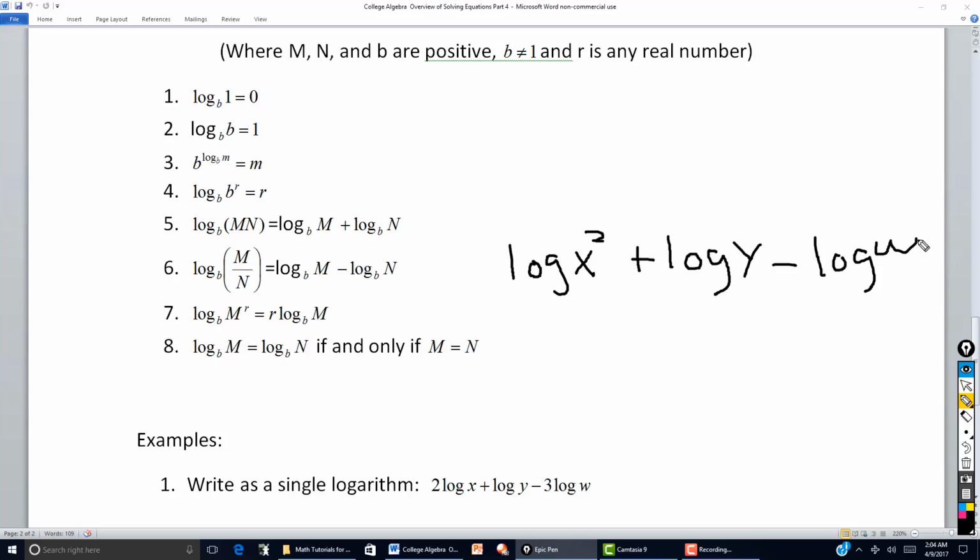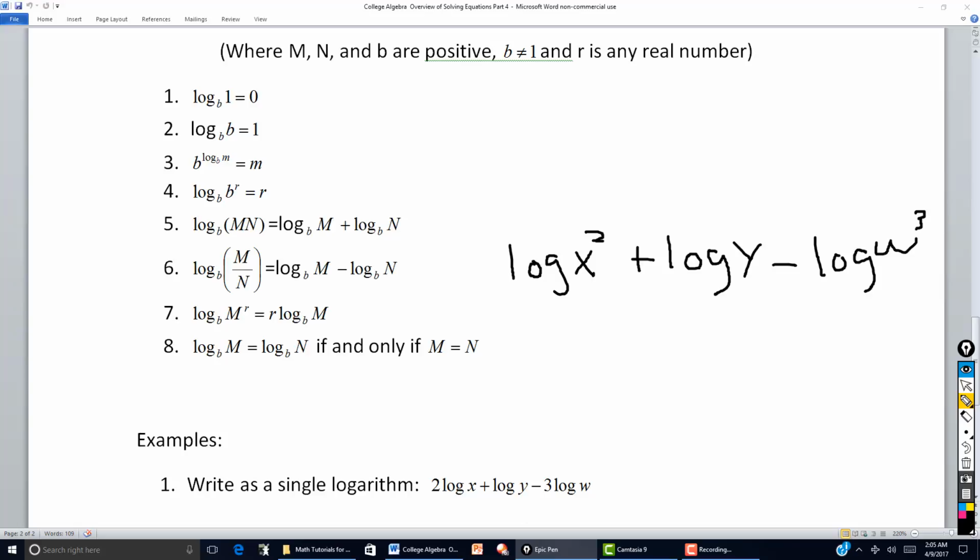And the same thing if I put the 3 here. Now keep in mind that I could make this a plus and make this a negative power. But normally I don't want to mess with negative powers, so I'll leave the minus here and the 3 goes over here.